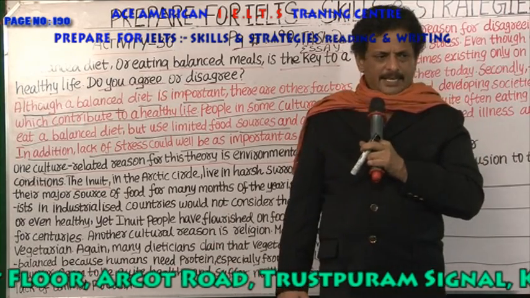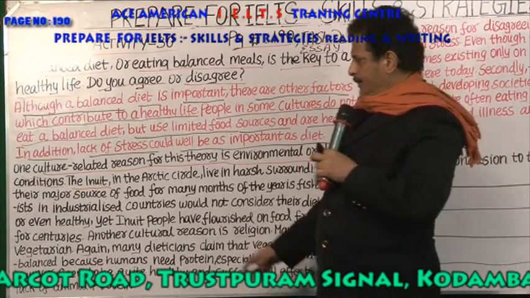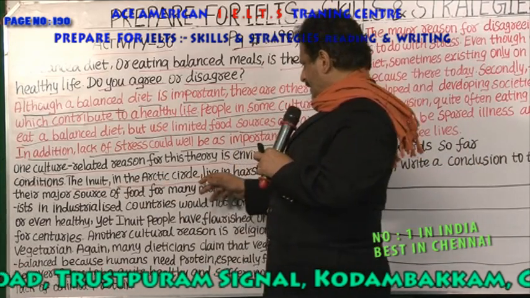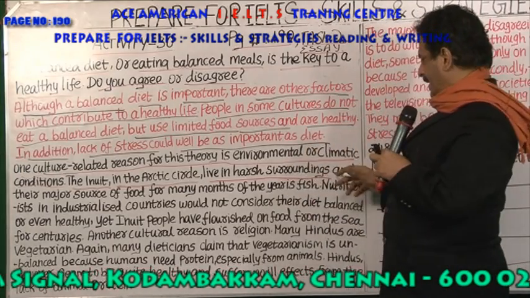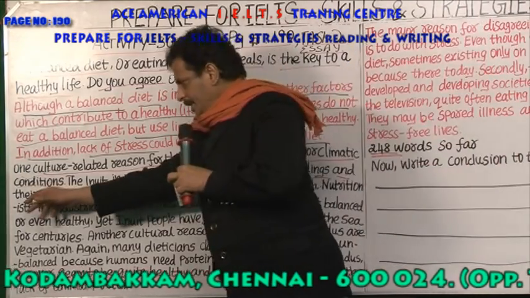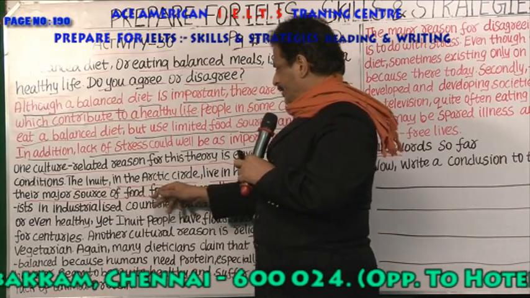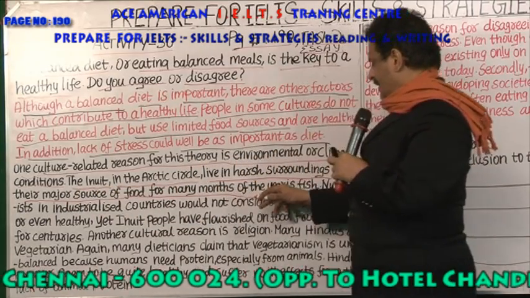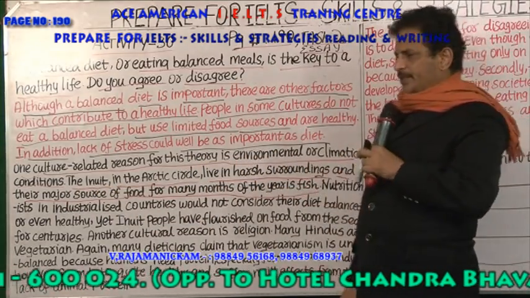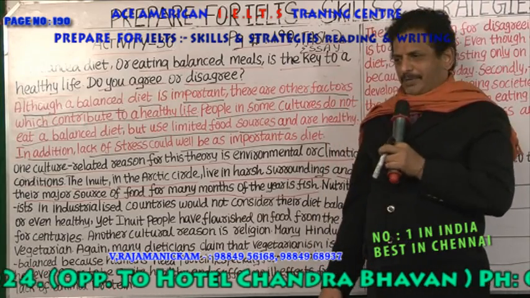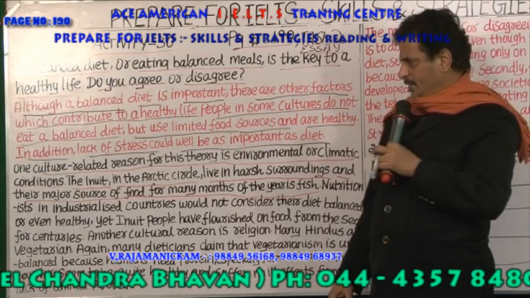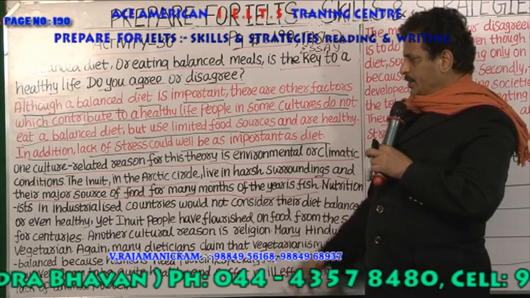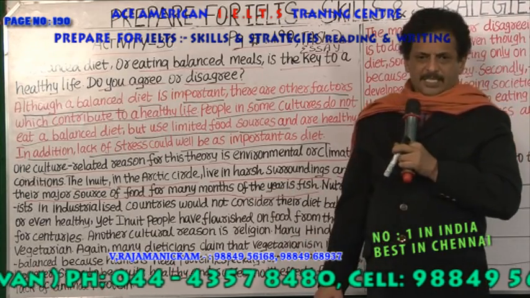These people in the Arctic Circle live in harsh, very tough surroundings, and their major source of food for many months of the year is fish. So they survive by eating fish alone. In the Arctic Circle, they don't have any other means. So their major source of food for many months is fish.